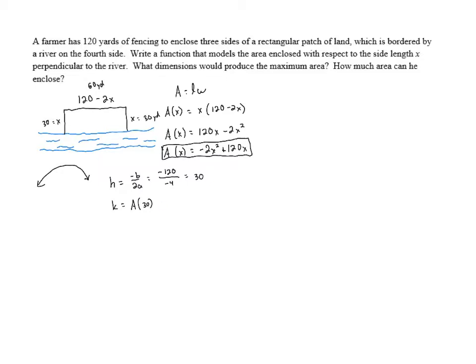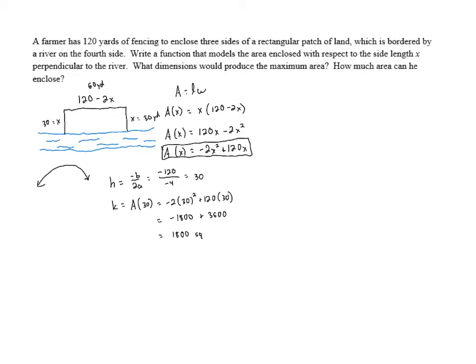If we plug in 30 to the function, this is going to be negative 2 times 30 squared plus 120 times 30. 30 squared is 900 times negative 2 is negative 1800 plus 120 times 30 is 3600, and 3600 minus 1800 is 1800.